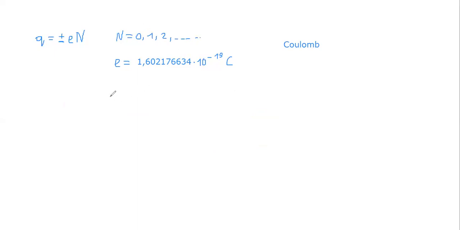This law was discovered by the French scientist Coulomb in 1785. According to this law, the force of electrostatic interaction can be written in this way.